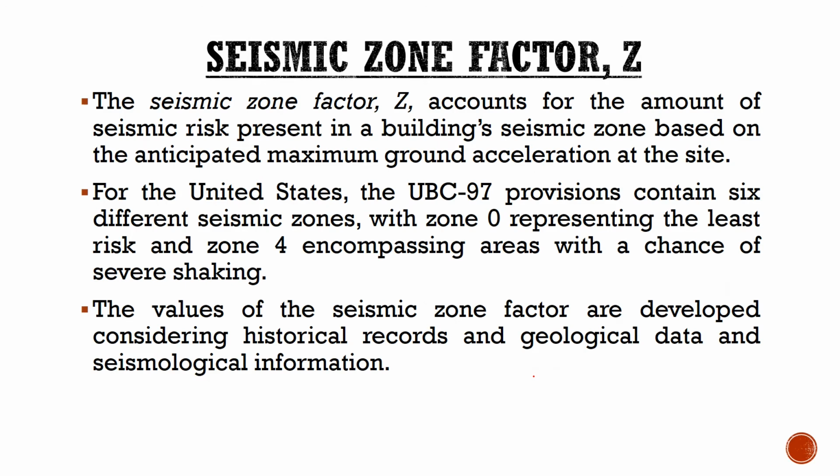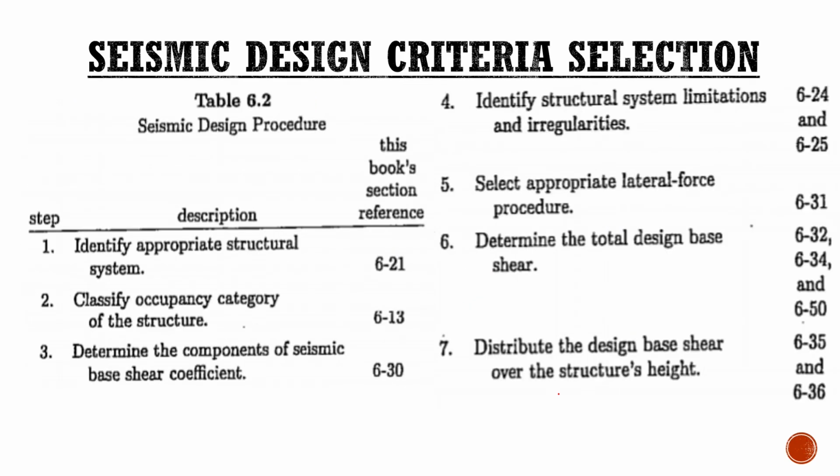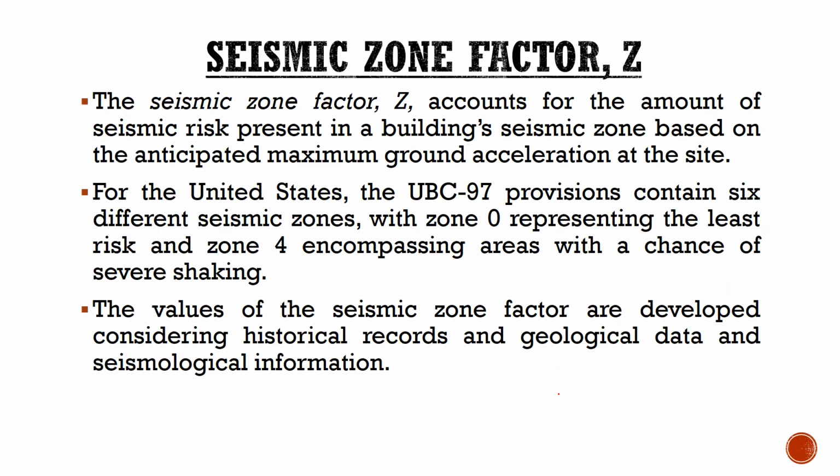Okay, going through the criteria, guys. First, we will define the parameters used in the procedures. First is the seismic zone factor Z. Okay? The seismic zone factor Z accounts for the amount of seismic risk present in a building's seismic zone based on the anticipated maximum ground acceleration at the site.